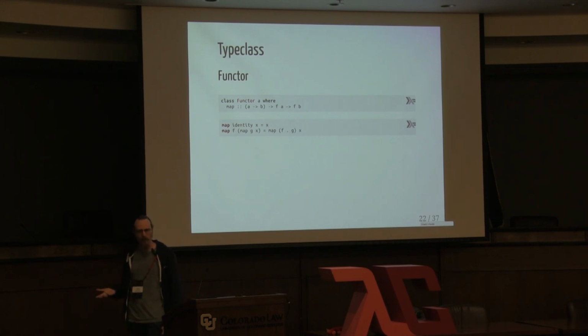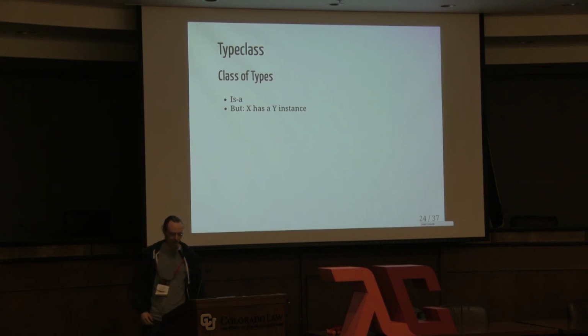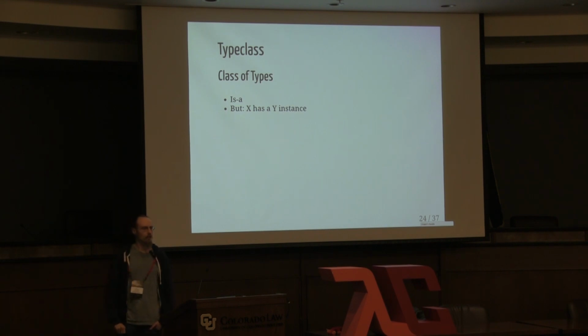Now, we've seen a few type classes. So usually what helps the best with learning new concepts is building an intuition for them. So there's actually three kinds of ways you could describe type classes to gain an intuition for them. You could just look at them as a class of types and in more or less an is-a relationship.